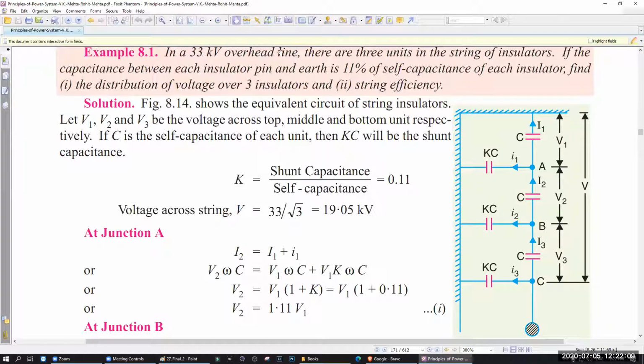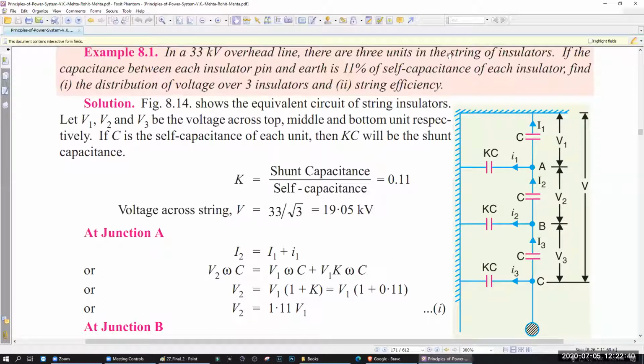Whatever voltage they give is the line to line voltage, but you have to find the line to neutral voltage, that is the phase voltage. So you have to divide by √3 to find the voltage of one phase, that means phase to ground.